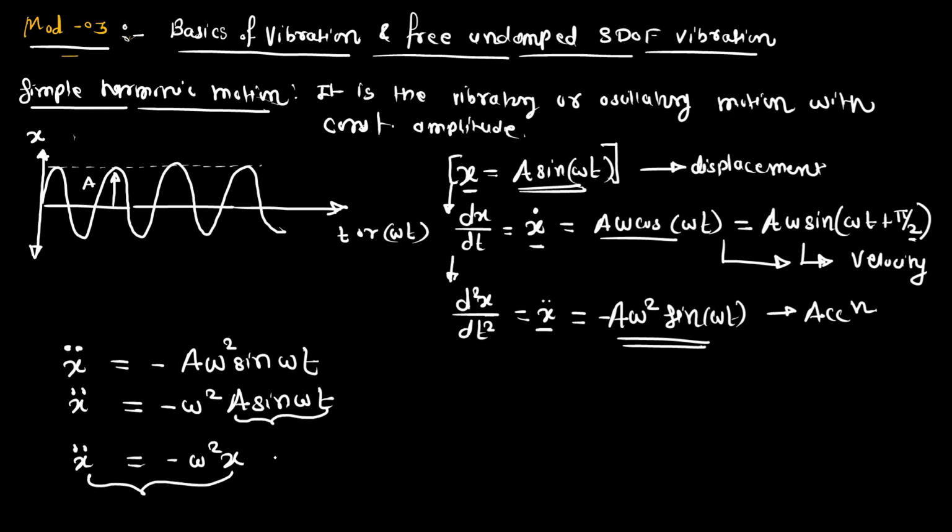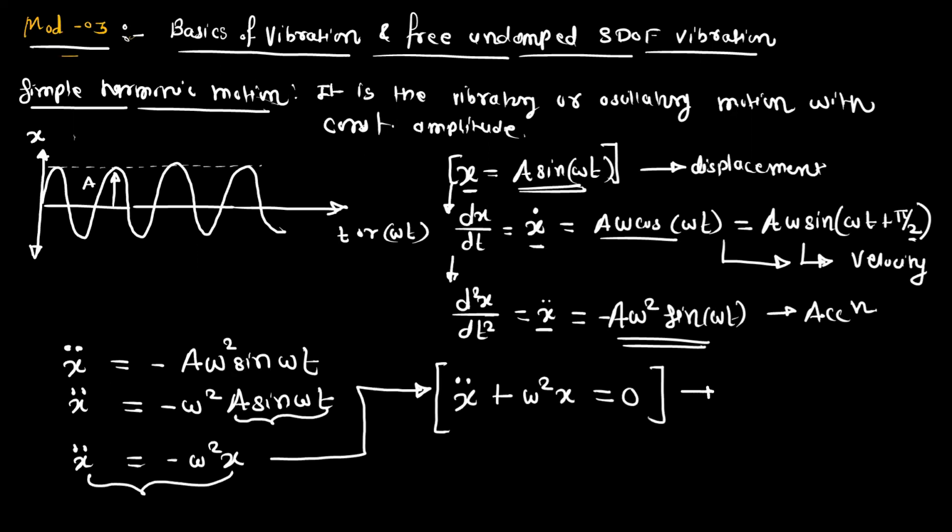From this equation, you will get the fundamental equation of simple harmonic motion. If you rearrange this term, you will get the equation x double dot plus omega square x is equal to 0.